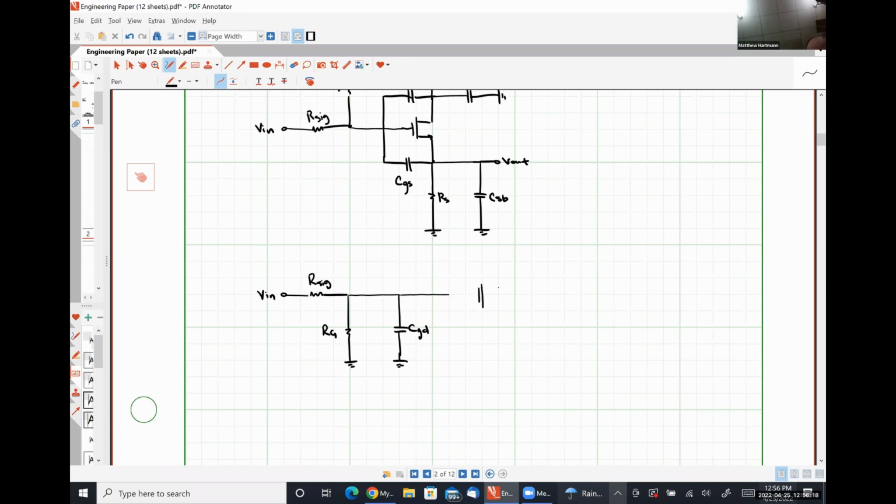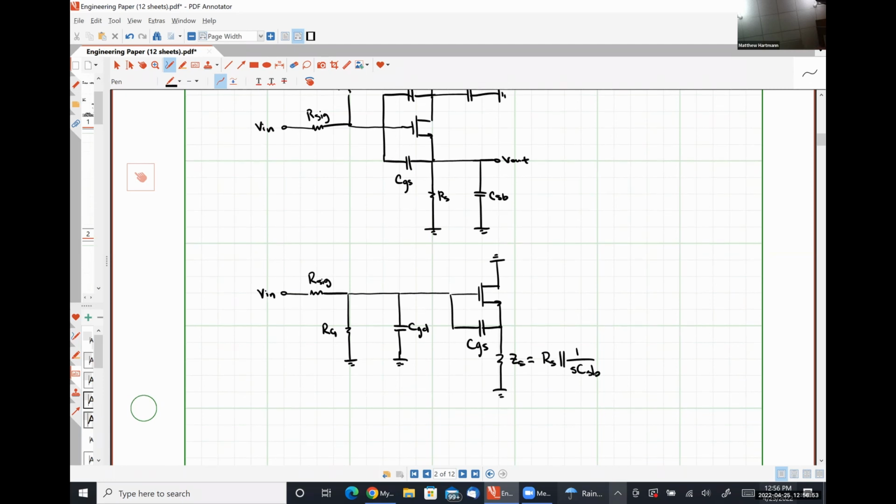Our drain terminal is grounded out. Here we have that feedback capacitance, CGS. I'm going to call this impedance ZS, which is simply RS in parallel with 1 over S CSB.